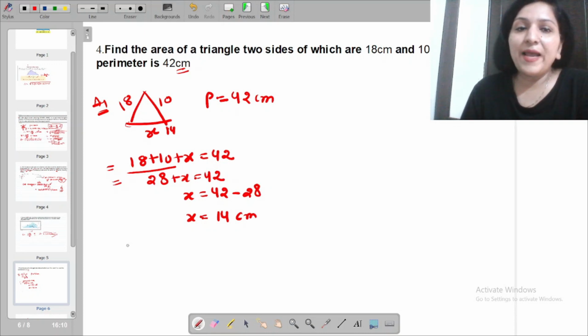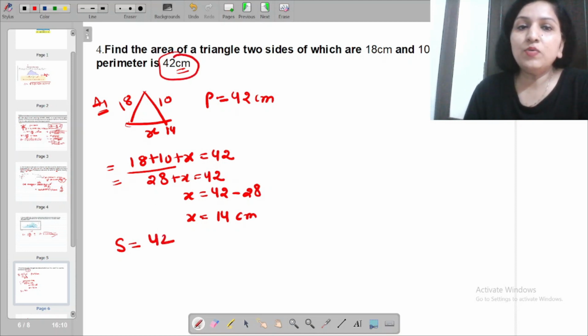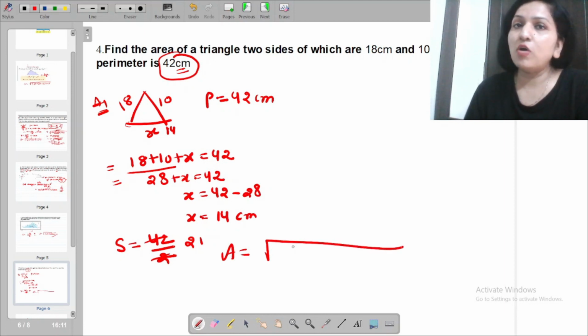Okay? Find the semi-perimeter. Semi-perimeter means the perimeter divided by 2. देखो perimeter is already given. So 42 divided by 2 which is 21. S की value आ गई 21. Now area is under the root. Formula आपको लिखना है. I'm skipping for now because I have written it many times.